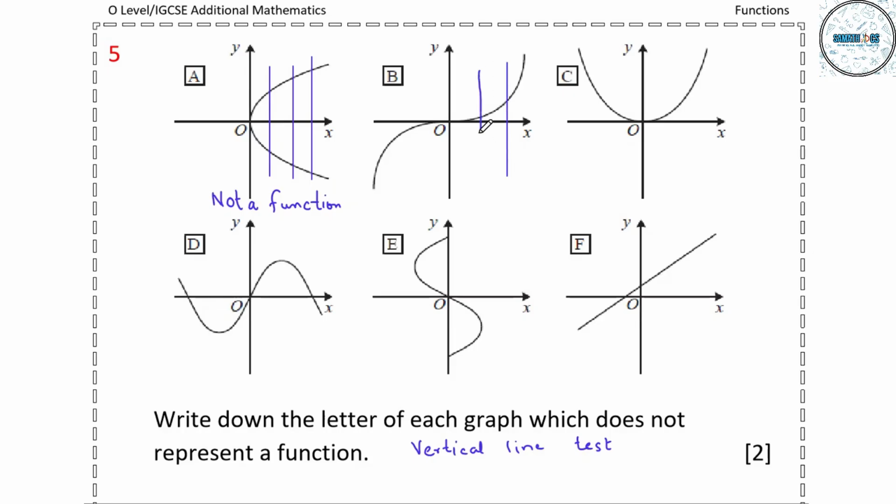We will draw vertical lines here. We can see the vertical lines are intersecting the graph at just 1 point. So it is a function. Same is the case here. We will draw vertical lines. So the vertical lines are intersecting the graph at 1 point.